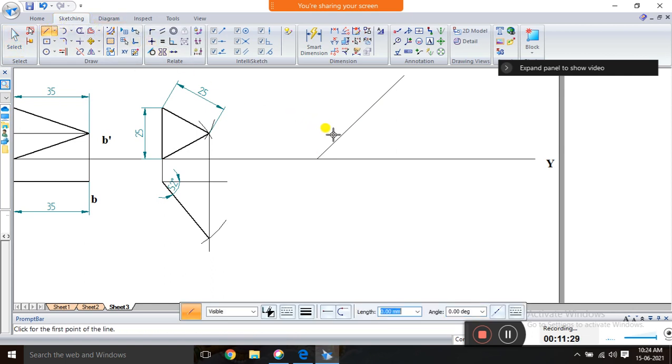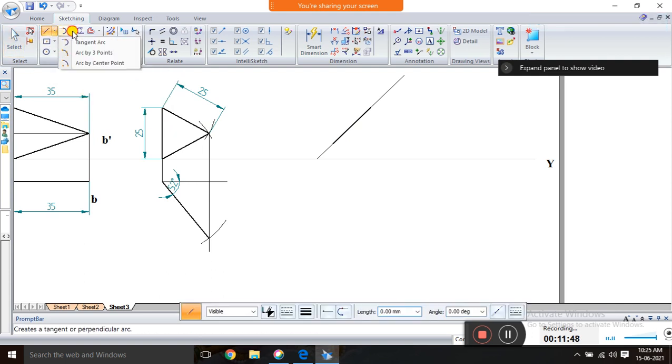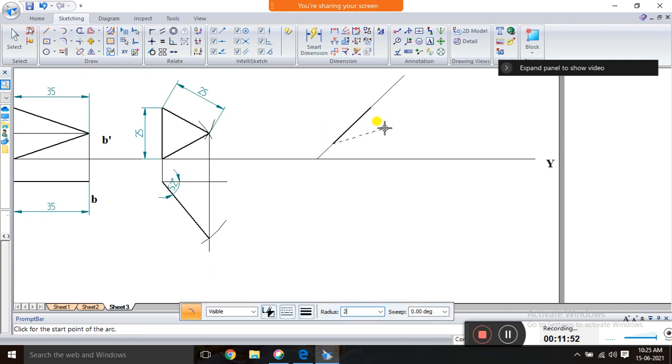So take the line from anywhere. Okay, so mark 25, place here. Next take this arc, so from here cut 25 because it is an equilateral triangle, and from here again take 25.